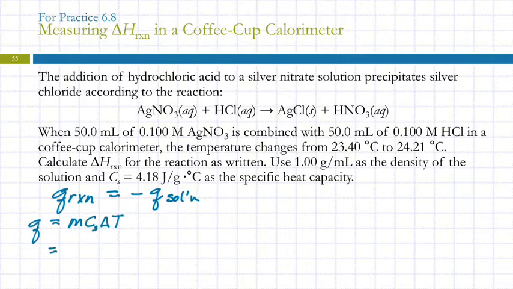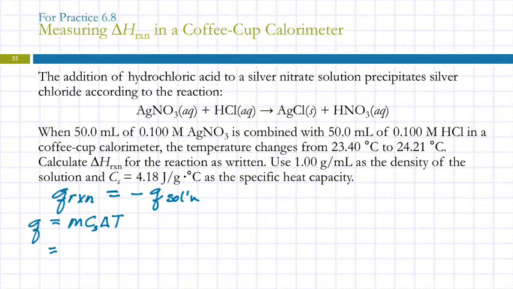Well, we need to know the mass of the solution. They didn't give us the mass of the solution. When we do this in lab, we're actually going to stick the calorimeter on the balance and weigh the solution. But they gave us volumes, 50 milliliters of this one, 50 milliliters of that one, and they said use this for the density.